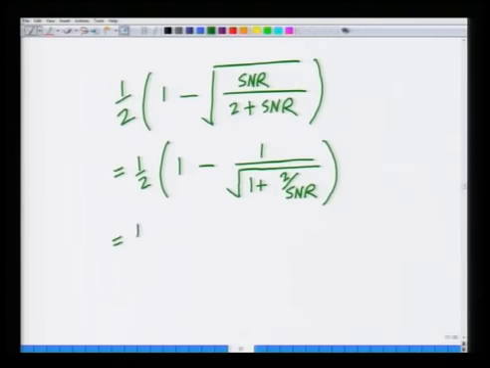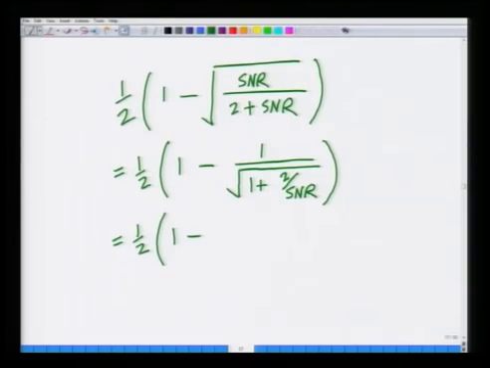Now, for high SNR, 2 over SNR is a small value, and we know that 1 over the square root of 1 plus x, for small x, is approximately 1 minus half x.